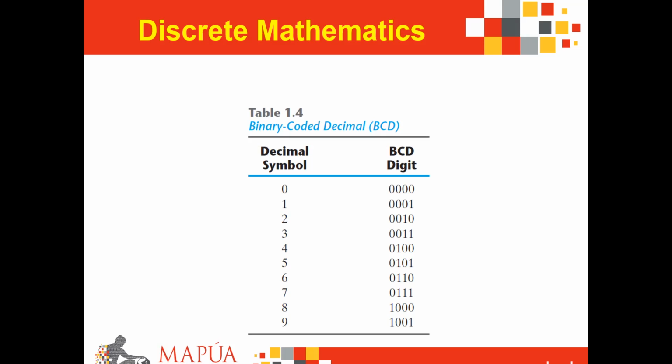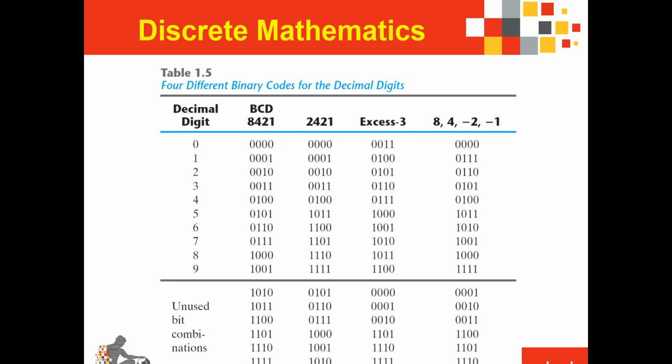However, a BCD digit is always fixed to 4 bits, and there are corresponding representations that are not used in your decimal value. Likewise, there are other weighted codes that are often applied for decimal digits, such as 2421, excess of 3, and 84-1-2.